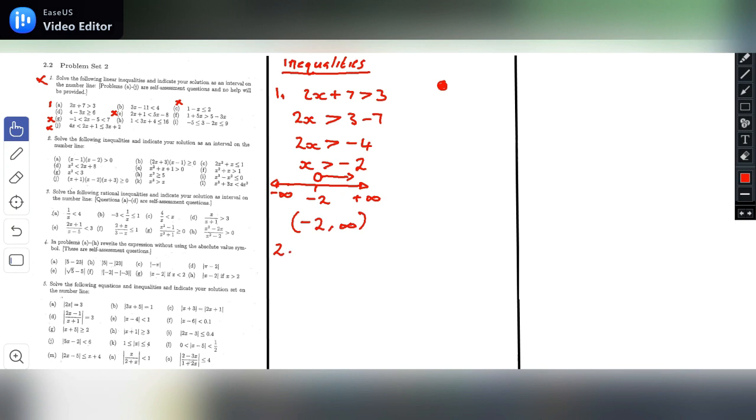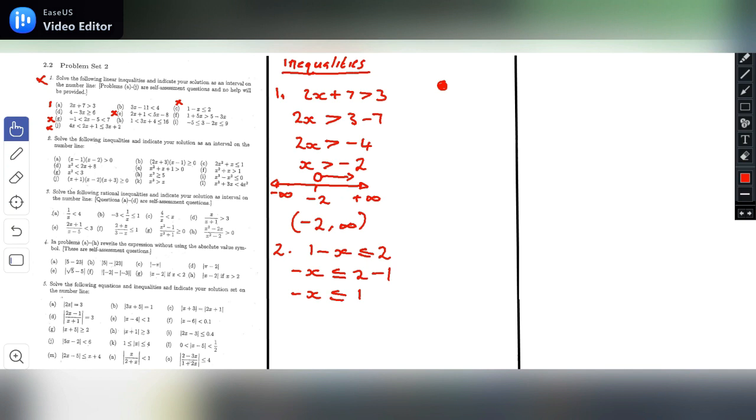The second question is 1 minus x is less than or equal to 2, right? You can pause the video and try it. We're going to have negative x less than or equal to 2 minus 1. We took that 1 to the other side, therefore negative x is less than or equal to 1.